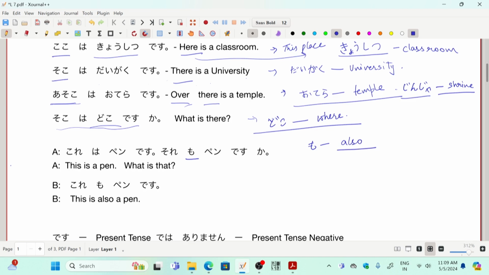So kore wa pen desu. This is a pen. Sore mo pen desu ka? Is that also a pen?